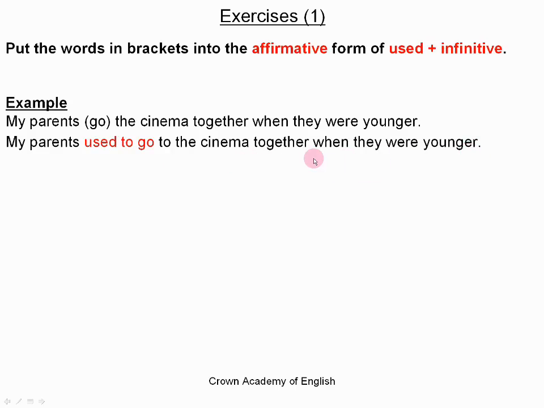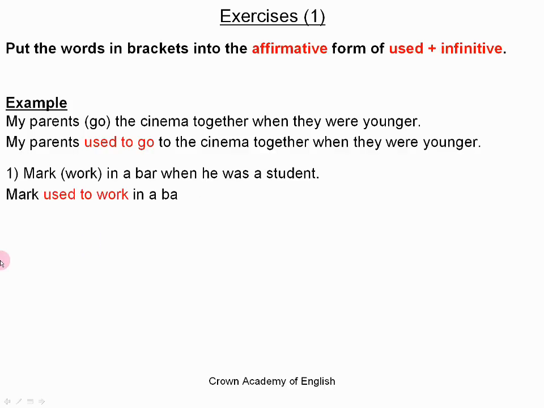Okay? So now there are two questions I would like you to answer. Question 1. And I will give you a few seconds. So the answer is, Mark used to work in a bar when he was a student.